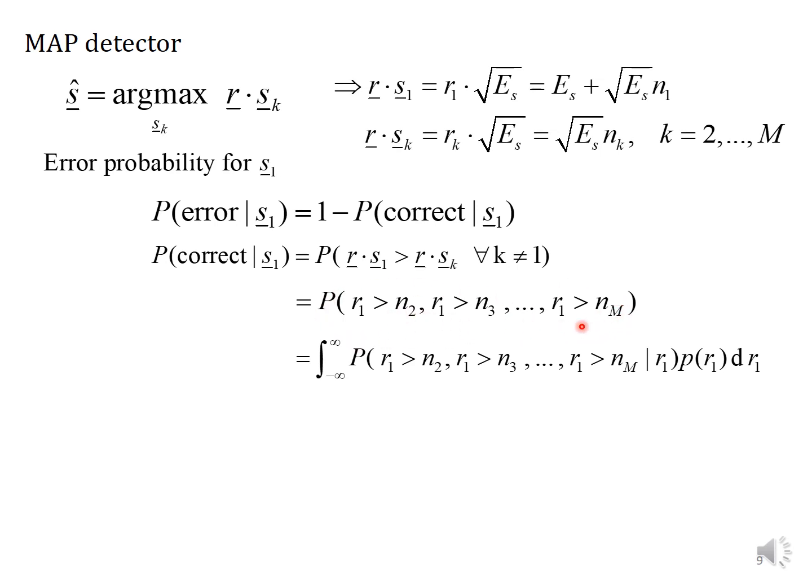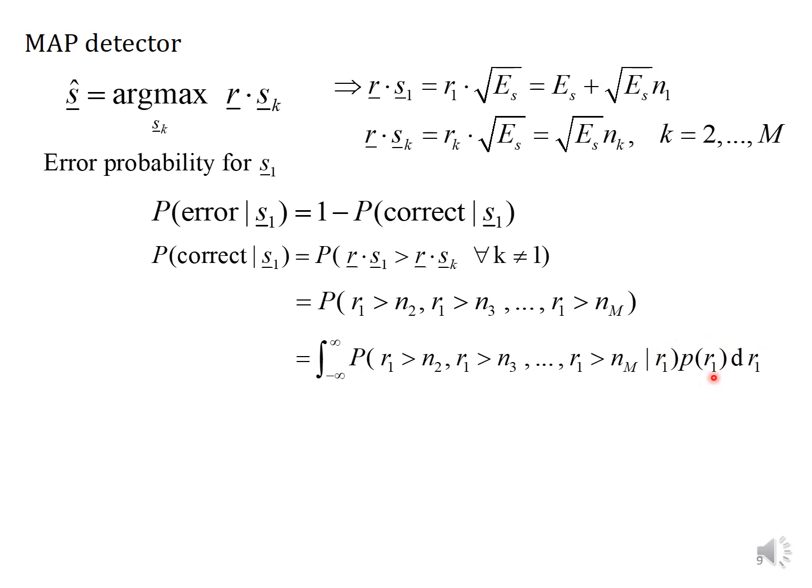The joint probability of all these events would be this integral. For the received signal, the first component R1 in the vector R could be any value because of the noise 1, from minus infinity to positive infinity, with a certain probability.